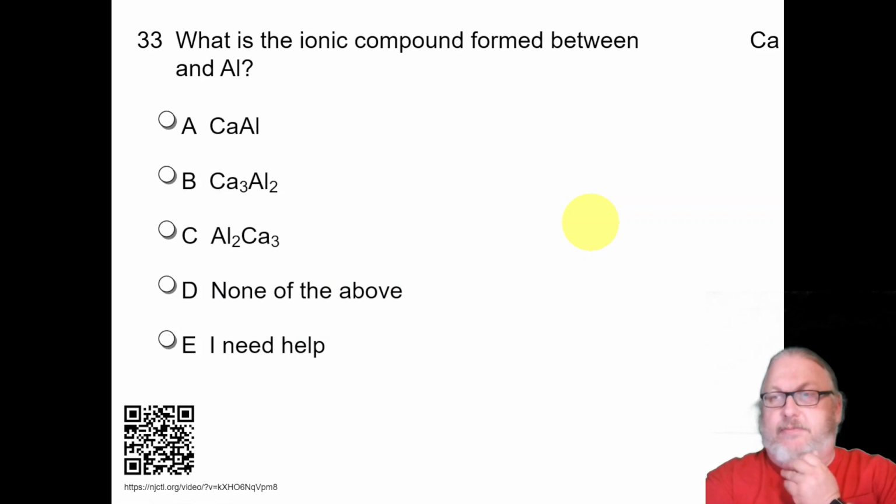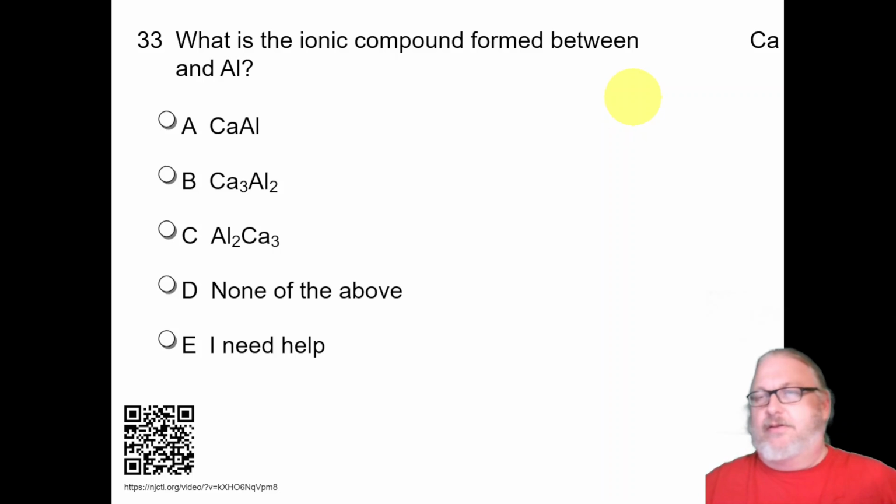What's the ionic compound formed between calcium and aluminum? Give you a second on that. There is no ionic compound of calcium and aluminum. They're both metals, so there's no electronegativity difference large enough.